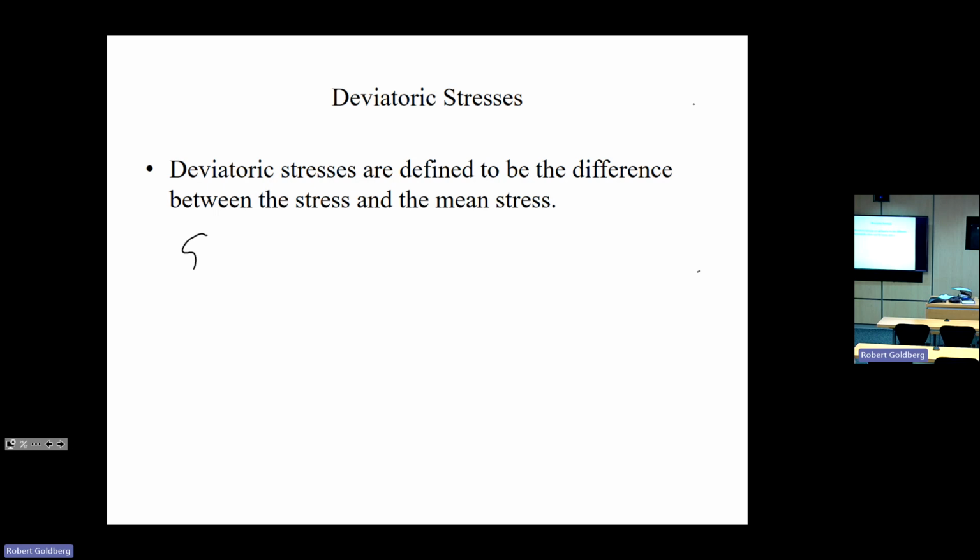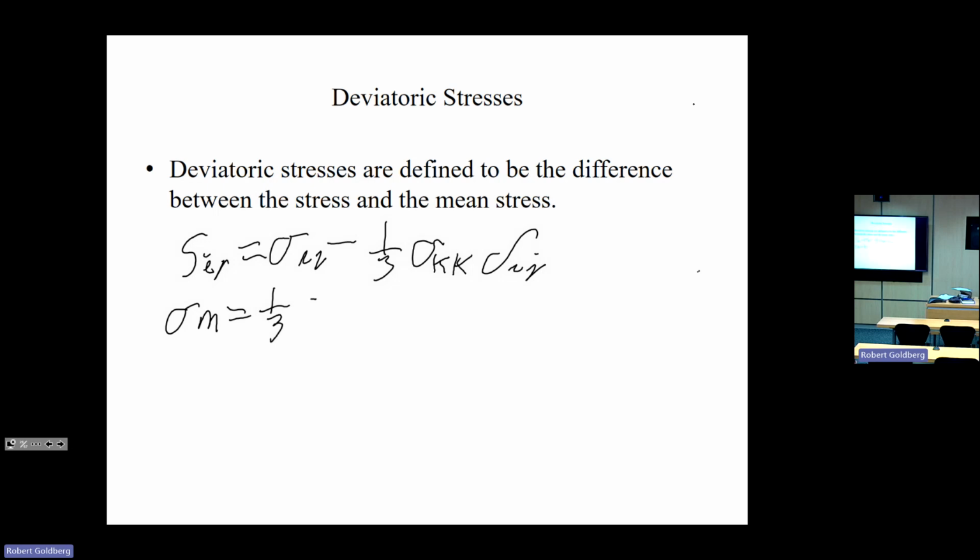The way we define our deviatoric stresses is the components of the deviatoric stress are equal to the components of stress minus 1/3 times sigma kk times delta ij, our Kronecker delta. This 1/3 sigma kk we refer to as the mean stress.